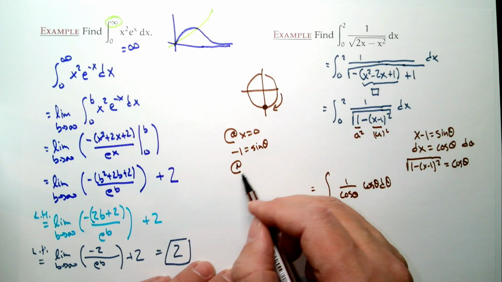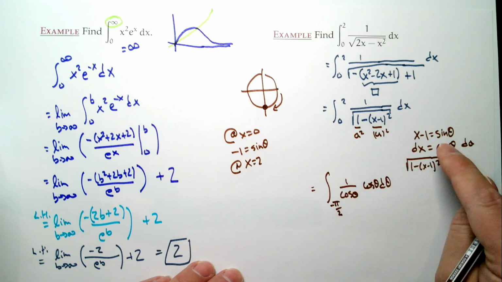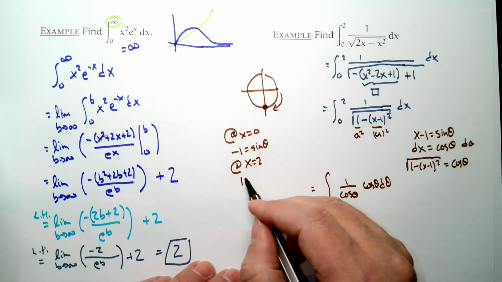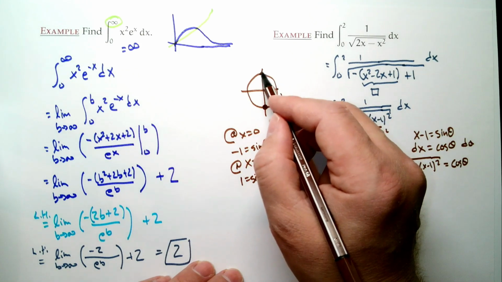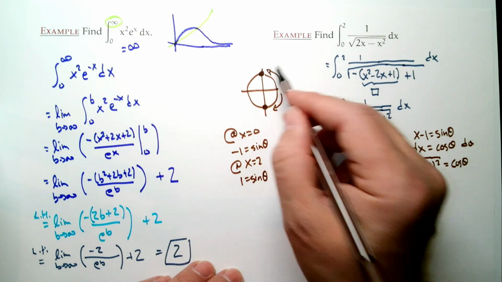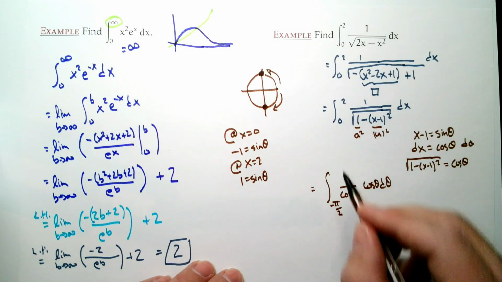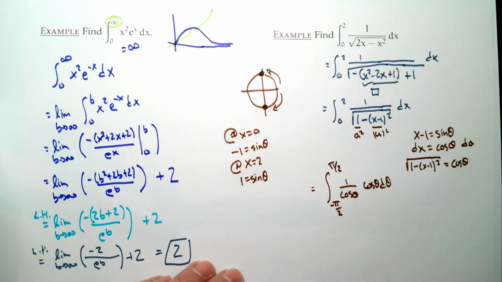At x equals 2, plug in 2, you get 1 equals sine theta. That would be up here, that's where 1 equals sine theta. What angle gives you that? Pi over 2. Now, what happens next?